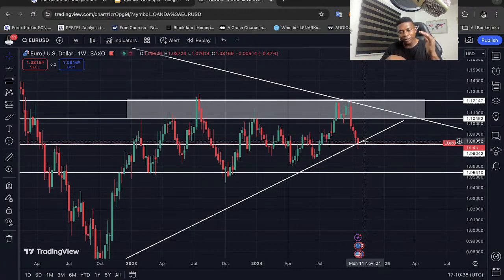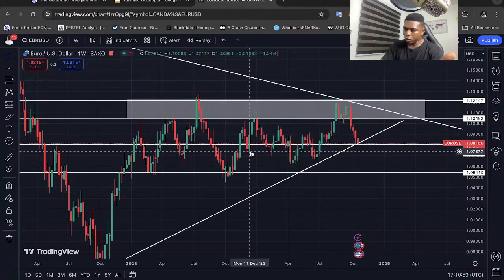From a higher time frame, we can have an overview, a broader scope of what is going on in the market. But the moment we go closer to the lower time frames, we are able to see clearly what is currently going on. So at this level, where price is now, it is sitting on a minor support zone.